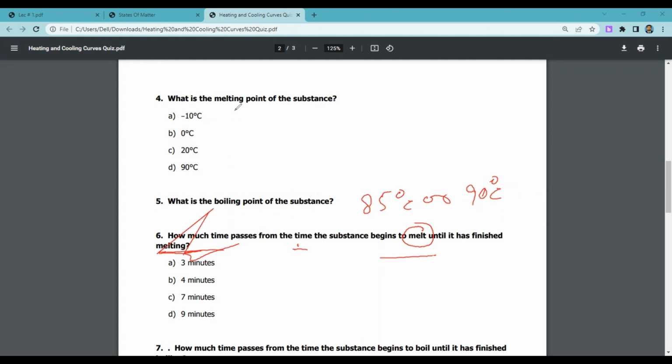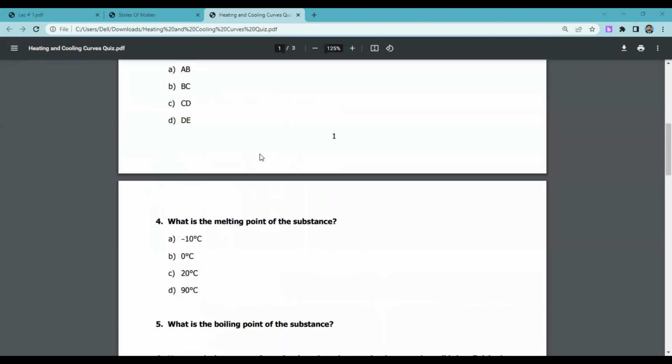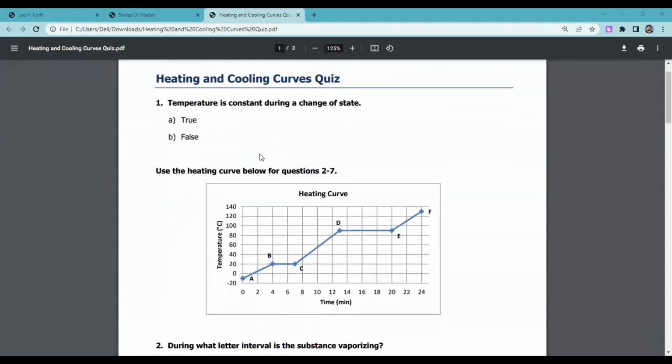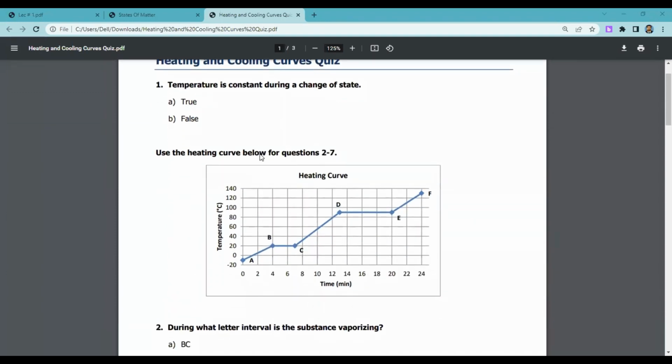Now you can see the graph, how much time it takes for the substance to melt. Note the time.